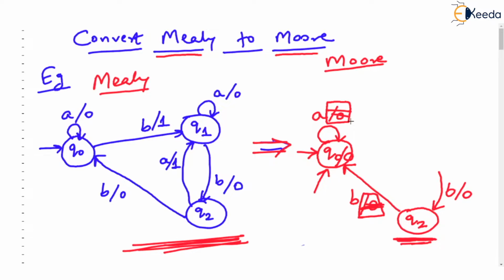That means whatever incoming transitions there are to the Q2 state, the only one is labeled as 0. So we can directly say that Q2 outputs 0 and we can remove the output labeled on the transition. So that's it. The issue of Q2 also has been settled.